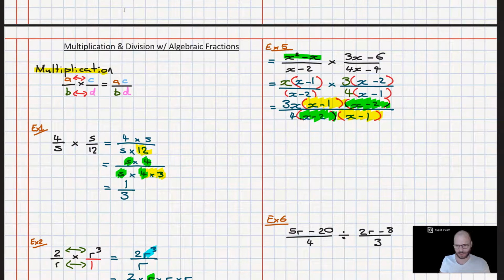Because we've got doubles, they're going to cancel out, and therefore our final result is 3x all over 4. So we've gone from x squared minus x all over x minus 2 times 3x minus 6 all over 4x minus 4, all the way down to 3x over 4. So nice and simple.